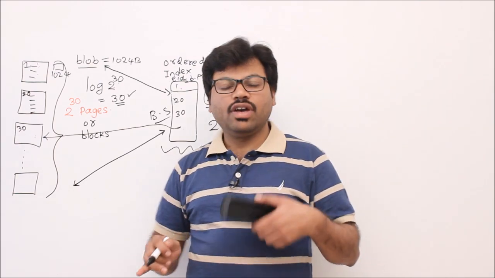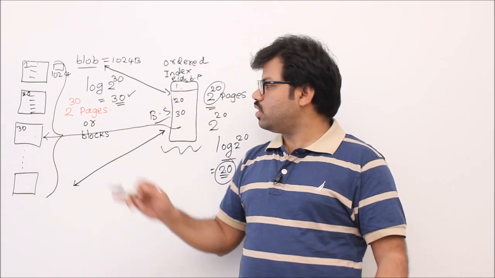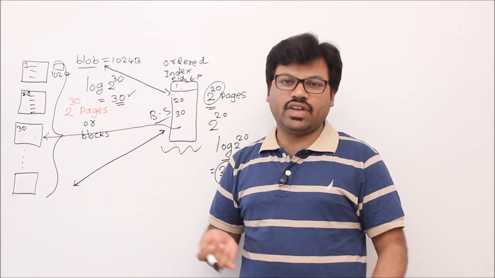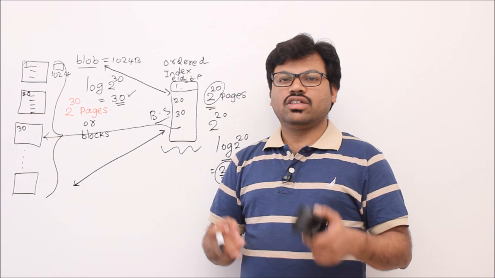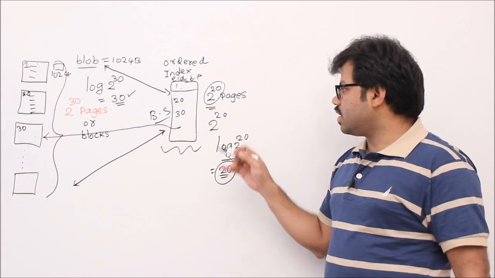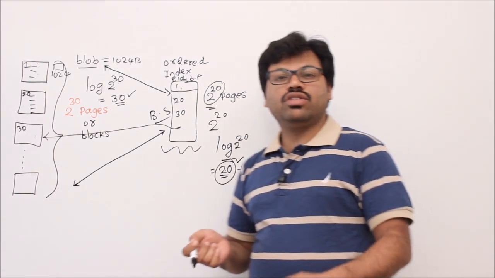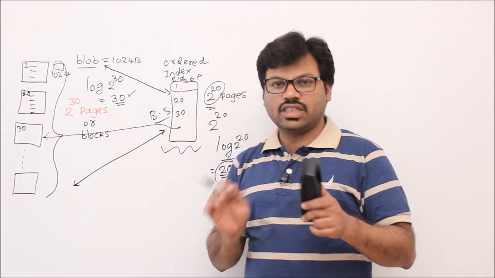After some time we are going to see more indexing techniques like multi-level indexing. Once we learn multi-level indexing, you will understand that we can further reduce the number of block transfers for any search. For example, here 20 block transfers, or 21, we can reduce to 5 or 3. That is our target finally.